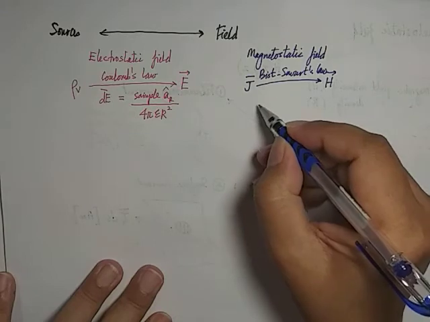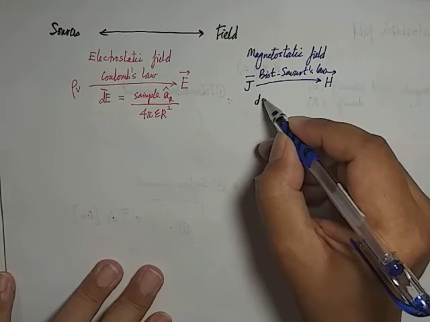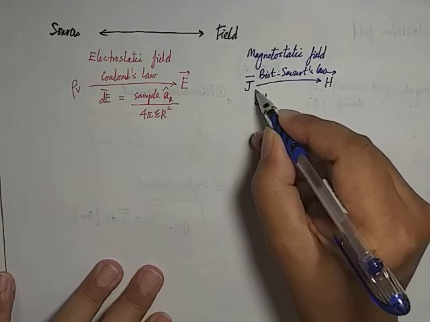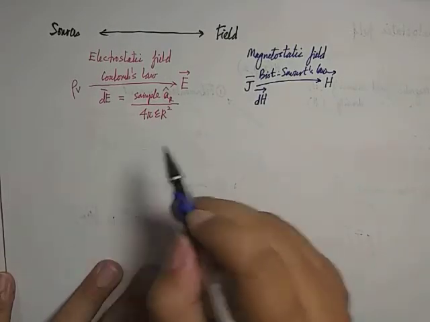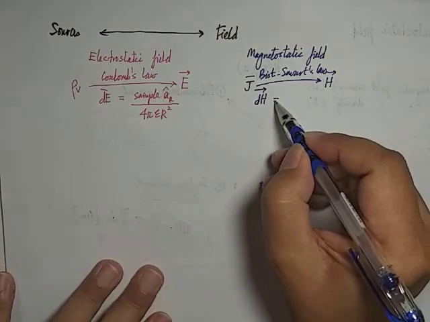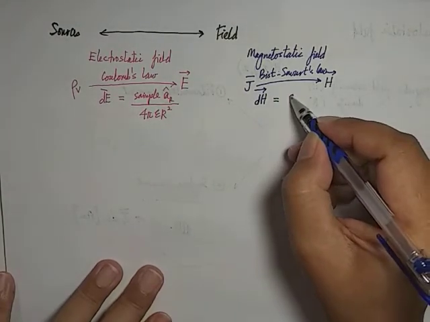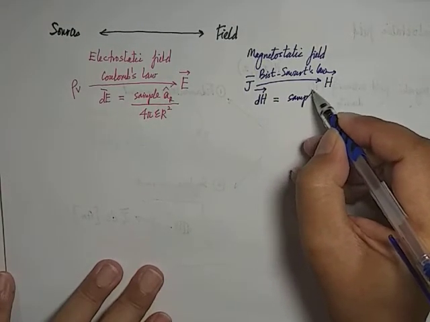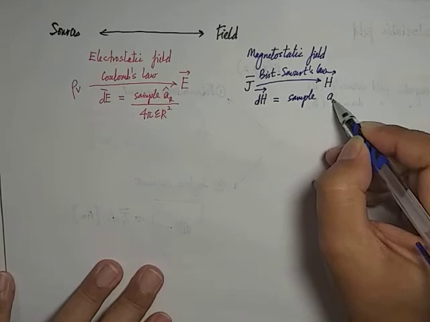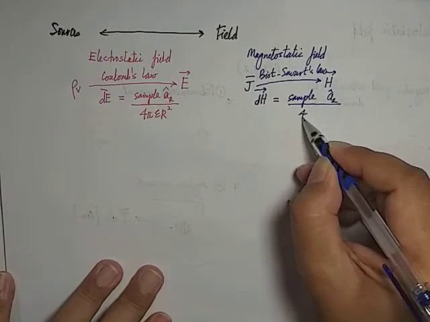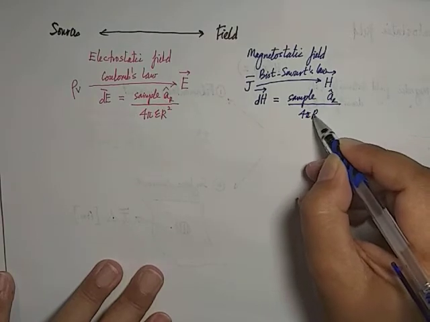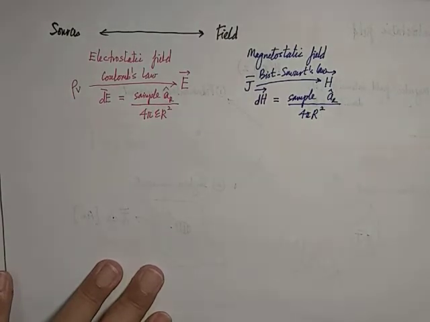So I'm going to copy it now, but with a slight adjustment: dH, the magnetic field similar to dE, is equal to the sample, and then aR over 4 pi r squared. Okay, so that should be the first difference that we can observe.